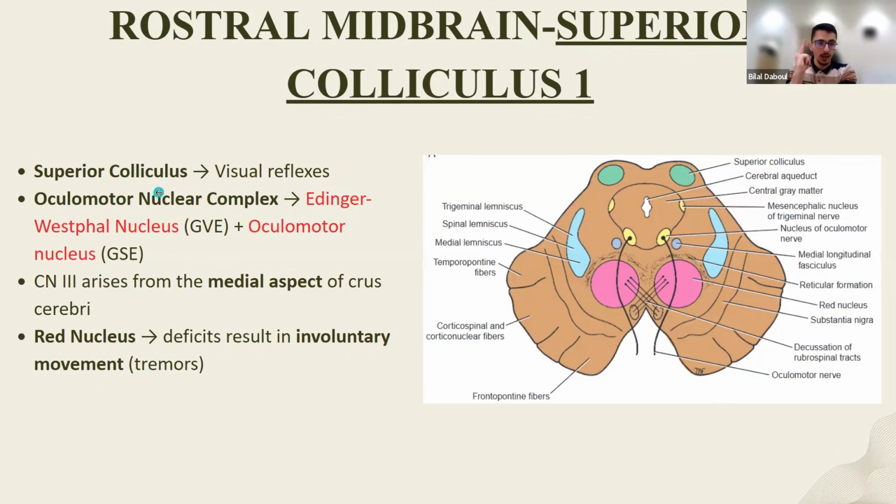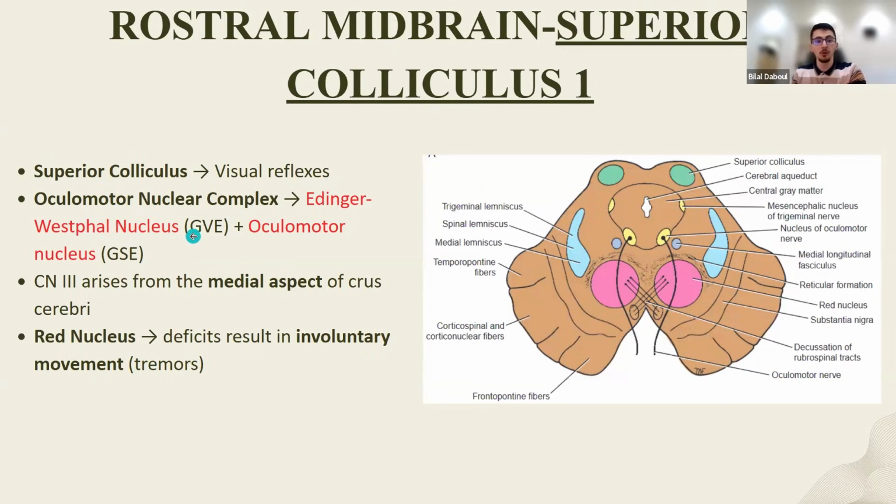We have 2 nuclei that supply the oculomotor nerve with fibers. Medially placed, the somatomotor oculomotor nucleus, so that you can supply all extraocular muscles of the eye except for LR6-SO4. And laterally placed, you have the Edinger-Westphal nucleus. The Edinger-Westphal nucleus is the parasympathetic nucleus of the oculomotor nerve.